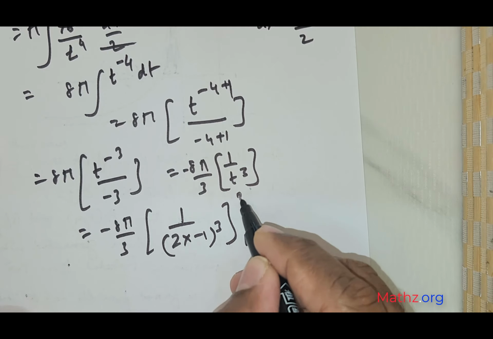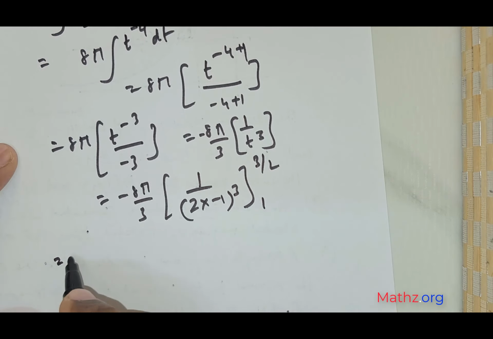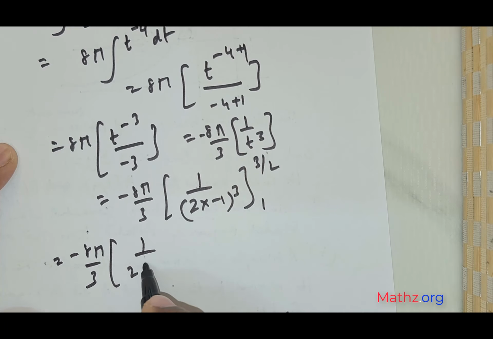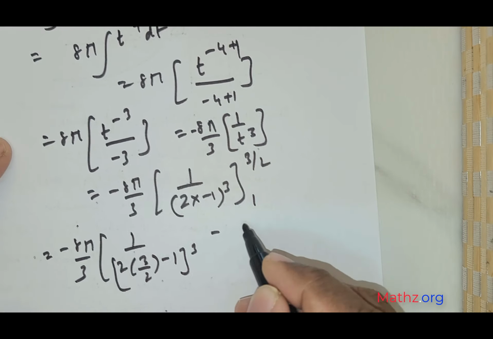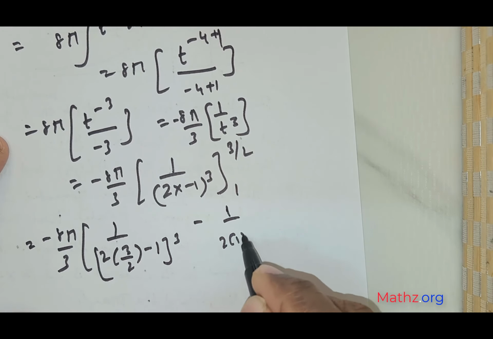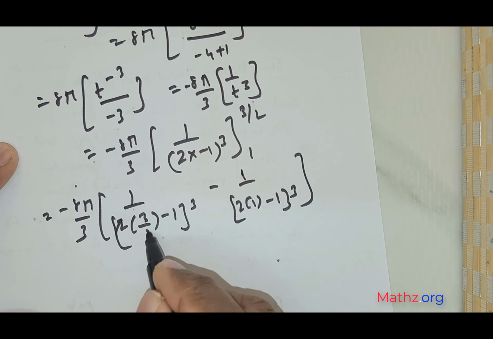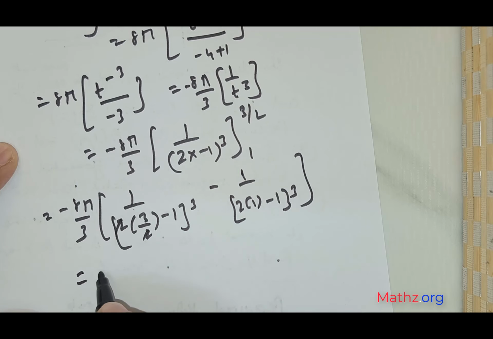Now you place the limits 1 to 3/2. So you substitute the upper limit, you get 2 times of 3/2 minus 1 raised to the power of 3, minus, you substitute the lower limit, 2 of 1 minus 1 raised to the power of 3. Now 2 gets cancelled, 3 minus 1, that's going to be 2.